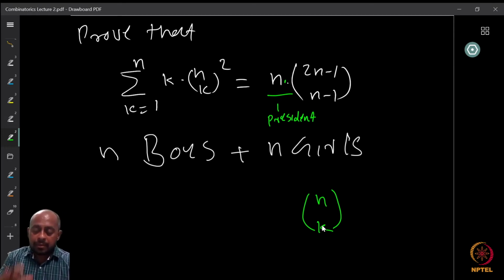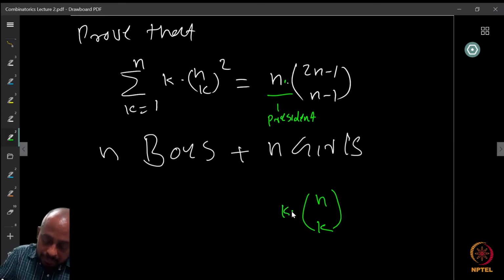I say that these girls are going to be the members. Now, once I choose the k girls, I will select one of them to be the president because I want a girl to be the president. Therefore, out of the k girls, I have exactly k choices to make one of them the president, right? So I choose k girls and then select one of them to be president.